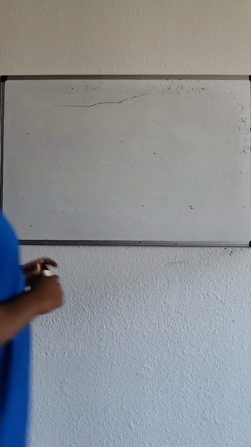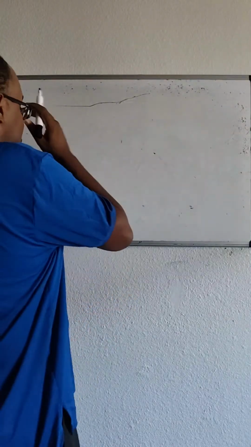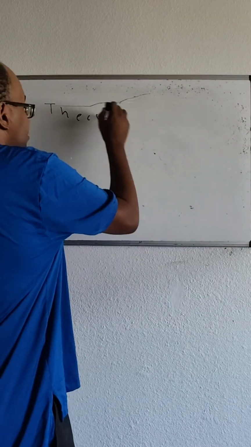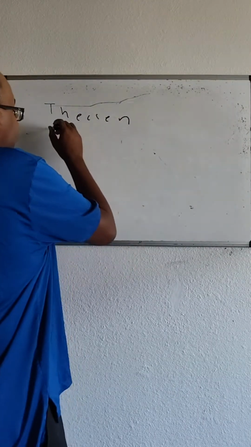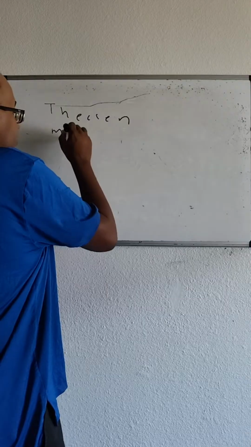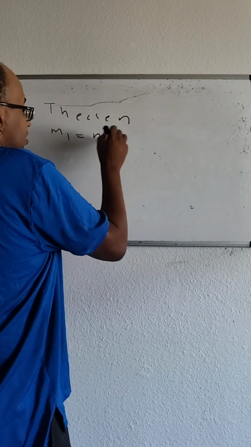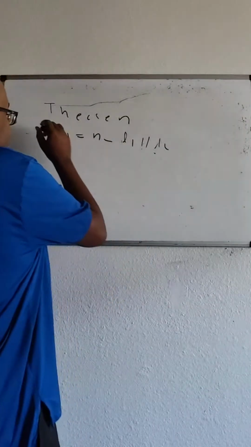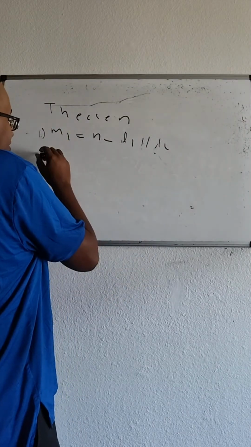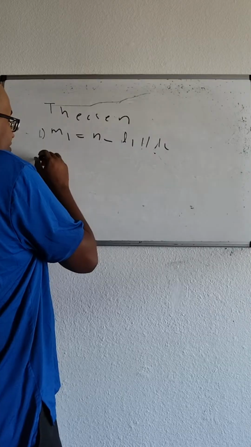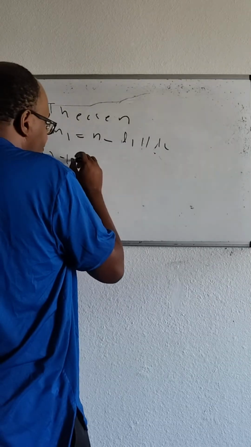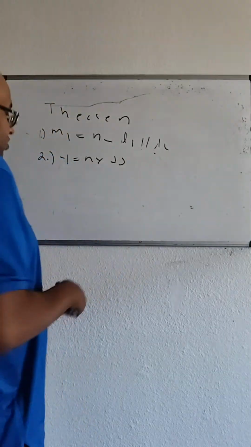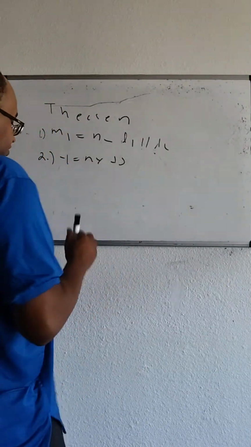So yesterday I covered theory of lines. So we'll put some theorems up here. Alright, so we're gonna be looking at M1, M2, and the y-intercept form.